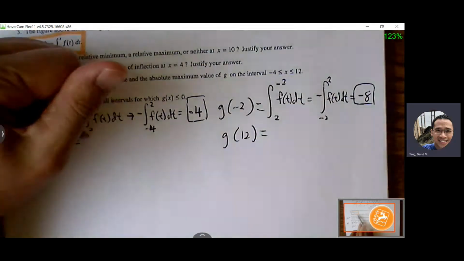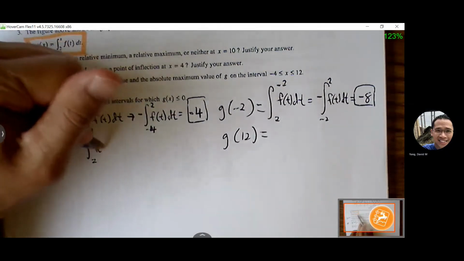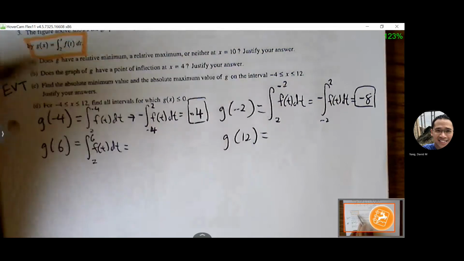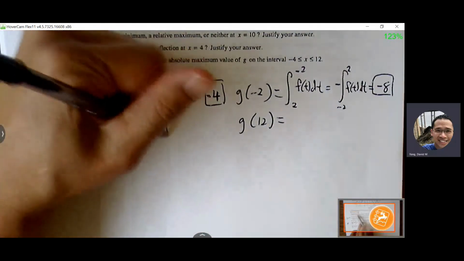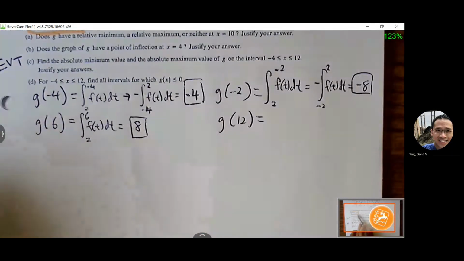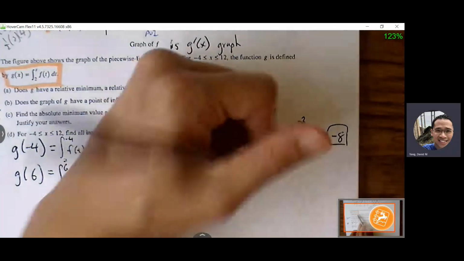G of 6 is a definite integral from 2 to 6. From 2 to 6, that's 8. No change in signs because I'm already going from left to right. And then G of 12 is from 2 to 12.